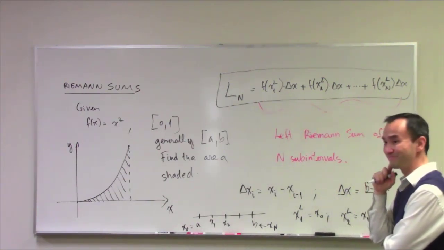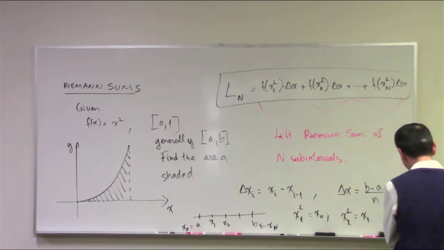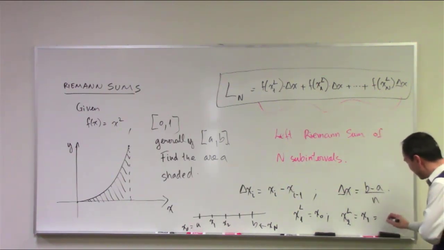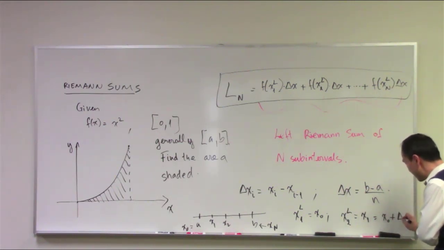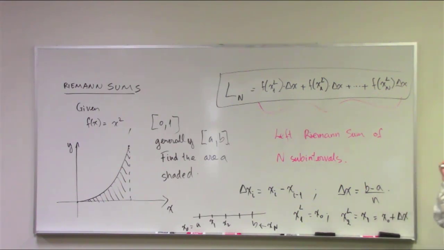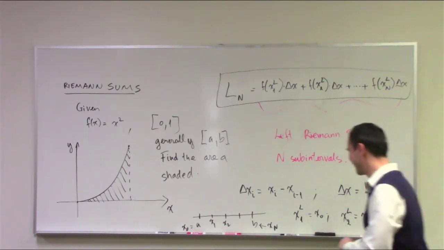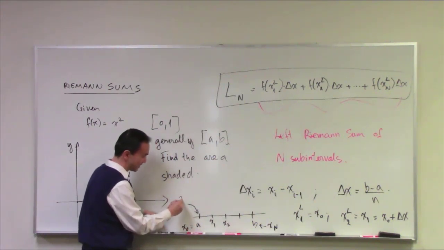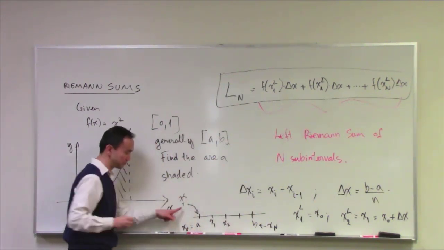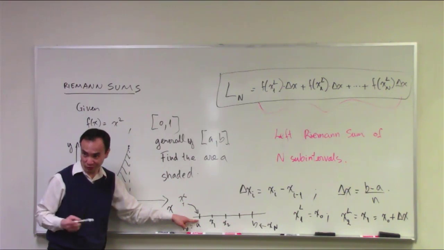Cool. But then x1 is related to x0 by x of 0 plus delta x. This is your x l 1 right there. That first sample point is also the left-hand point.